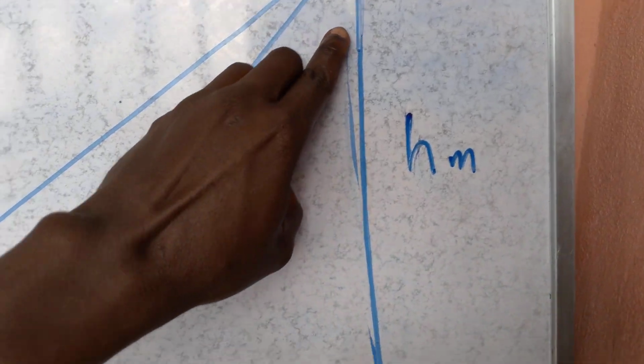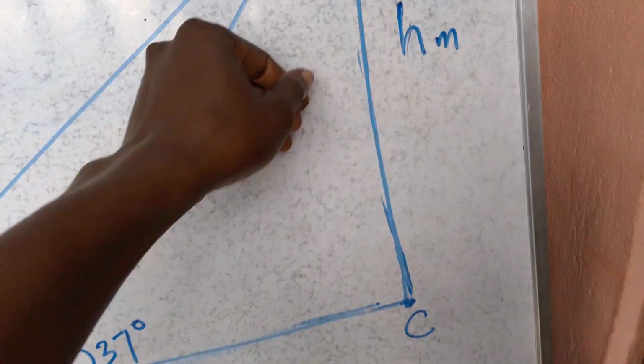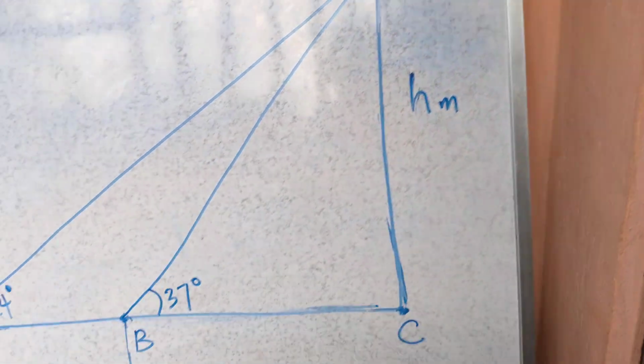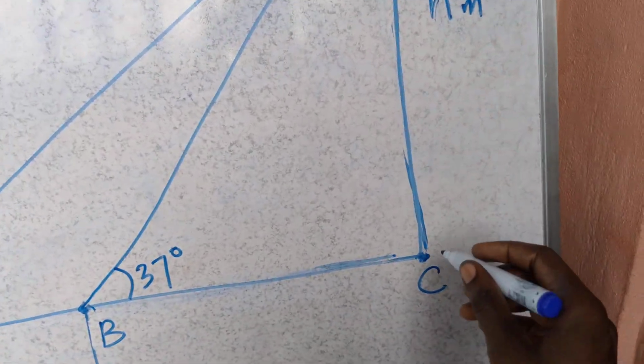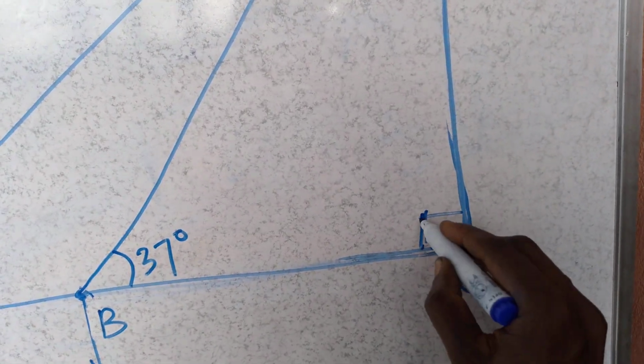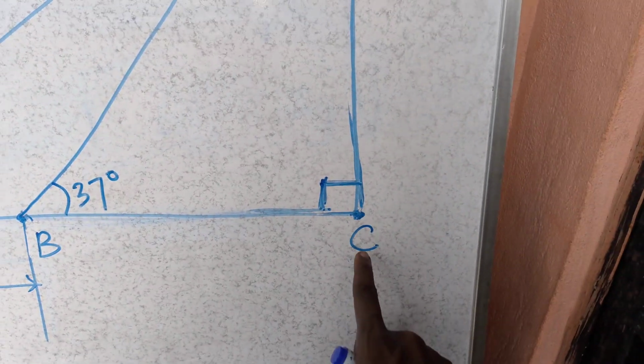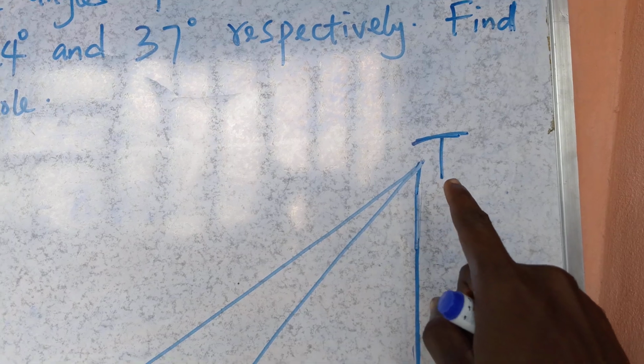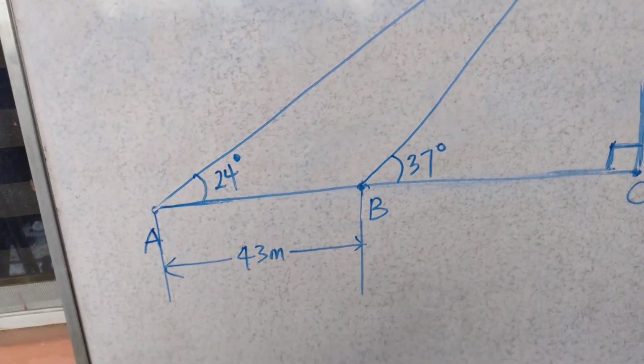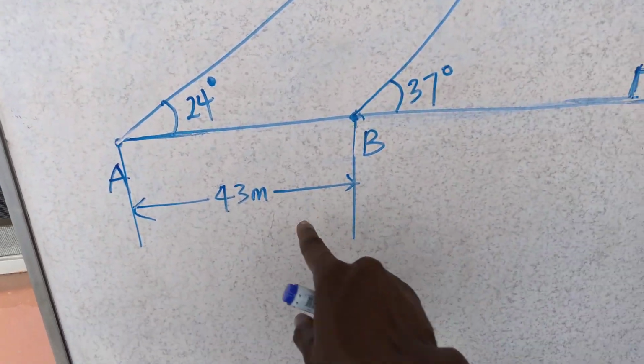This angle at the foot is 90 degrees. The foot of the electric pole is point C, and the top of that pole is point T. The distance between point A and B is 43 meters.